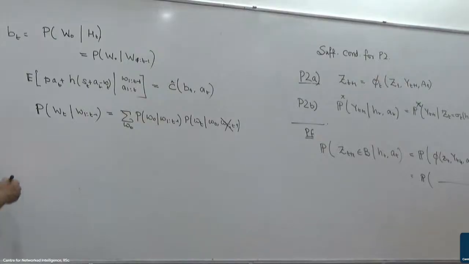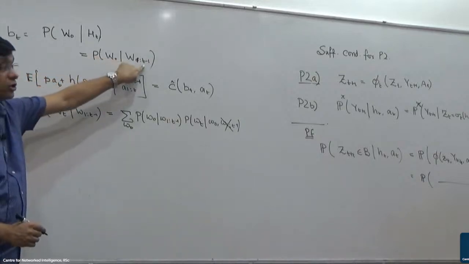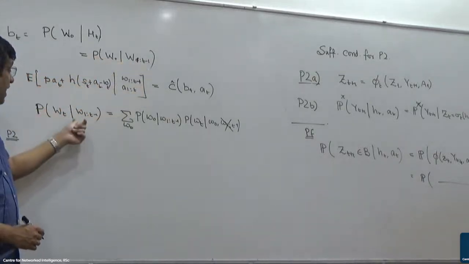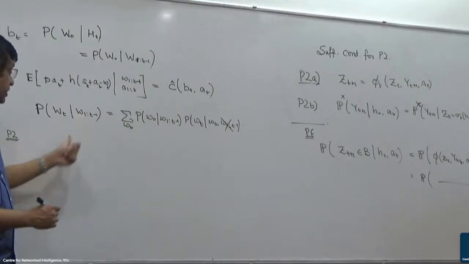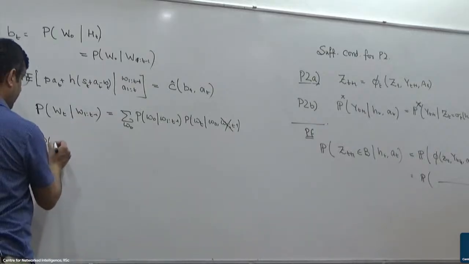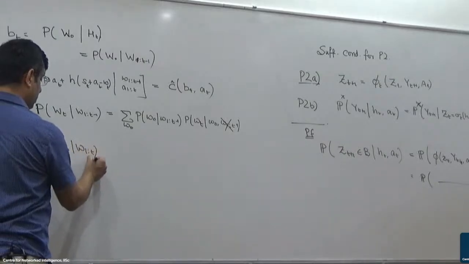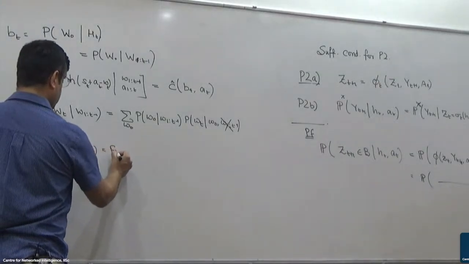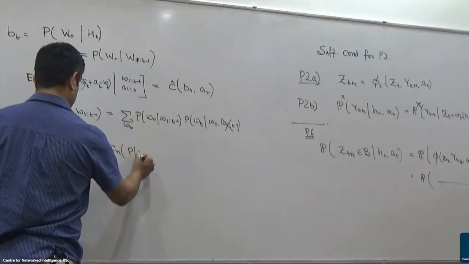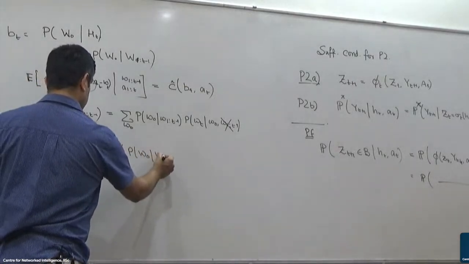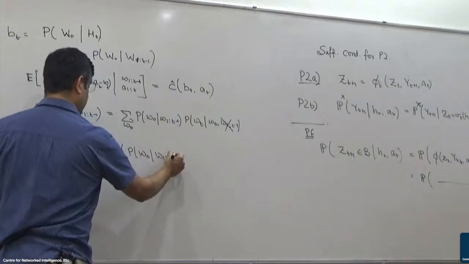Let us now look at P2, and you see P2 would mean I need to look at this conditioned on WT. From the fact that I can do this, it should be clear that I can write the probability of W0 conditioned on W1 to T as some function of the probability of W0 conditioned on W1 to T minus 1 and WT.